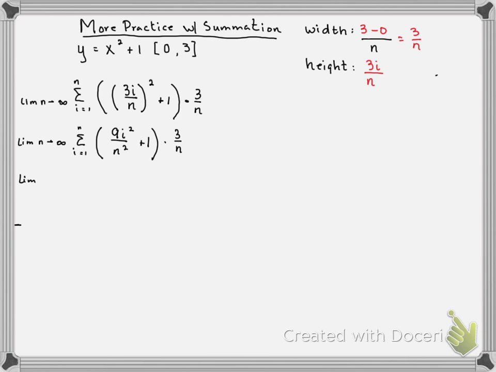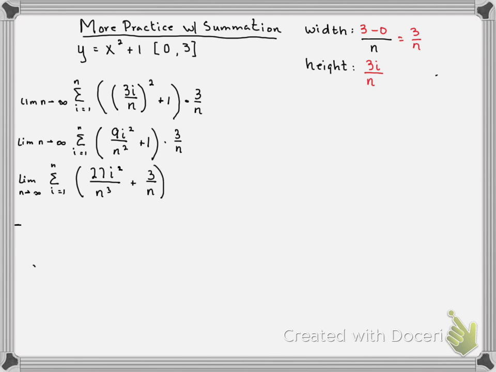Now we're going to be able to distribute: the sum from 1 to n of, now we're distributing the 3 over n to get 27i squared over n cubed plus 3 over n.